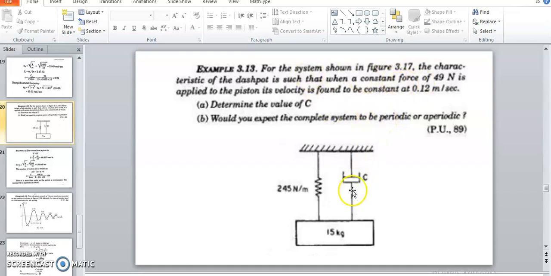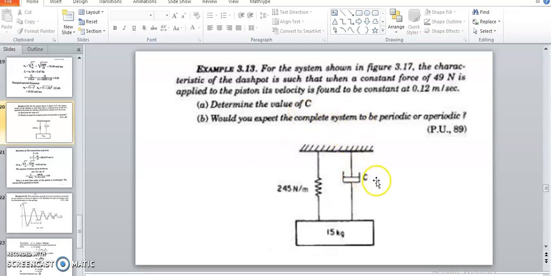Now, in this system, the mass value is given as 15 kg, the spring stiffness is given as 245 Newton per meter, and the damping coefficient as C. Here we have to find the damping coefficient C. We know the damping force is F equals C into x dot. The force is the damping force F, and velocity is x dot.